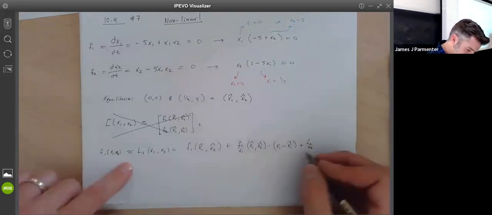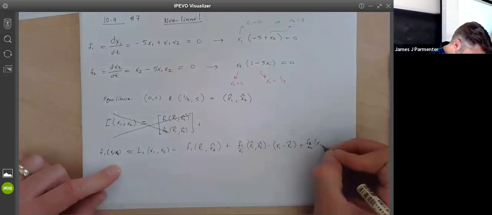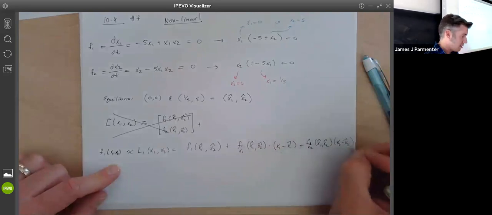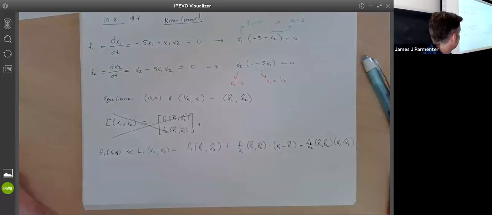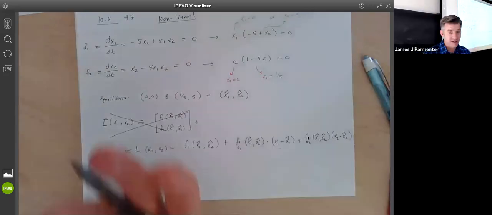So the partial derivative of F1 in the x2 direction at (x1 hat, x2 hat) times x2 minus x2 hat. It's messy, I know. I'm saying that a lot. It's because it's true. A lot of these things are a little messy.